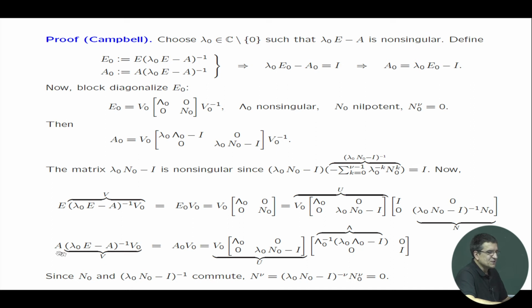Yes, do the same computation with the A. So A0 times V0 equals V0 times this block diagonal matrix. Here, this one. And in the upper block, you need again a bit of fantasy.